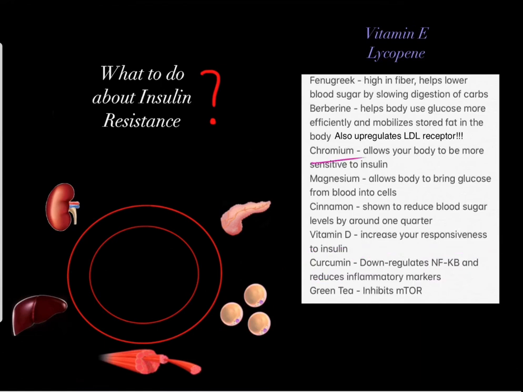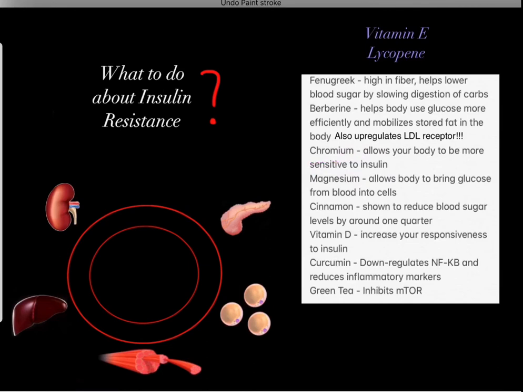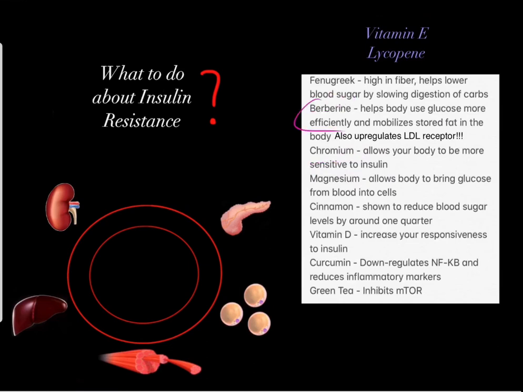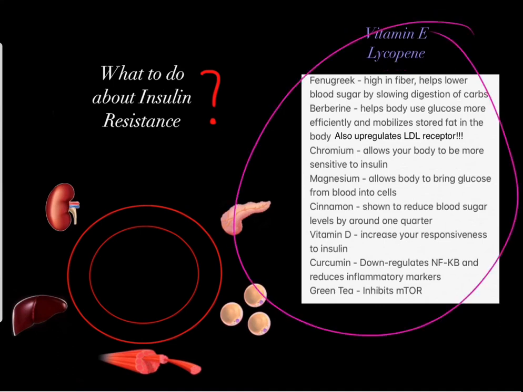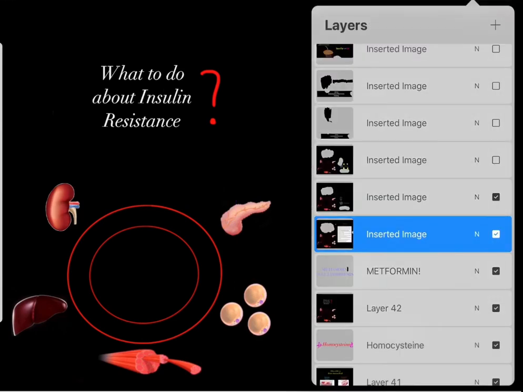I also like chromium and magnesium because they essentially help lower blood glucose levels and help your cells become more sensitive to insulin. I like berberine because it upregulates that LDL receptor, lowering residence time. And I also like vitamin E and lycopene because they're antioxidants and lower the amounts of oxidized LDL. So these are a couple of safer natural supplements that have been shown to have real biochemical effects.